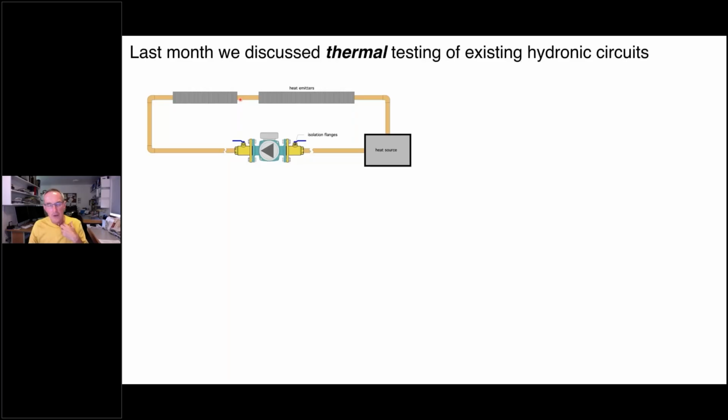One of the analogies that I'm going to give you when we talk about hydraulic characterizing a circuit: imagine you're designing an airplane. One of the things that is done with airplane design is to sometimes put a scale model of an airplane in a wind tunnel and blow air past it at different speeds and actually measure the drag that is occurring because of the friction of the air moving over the airframe.